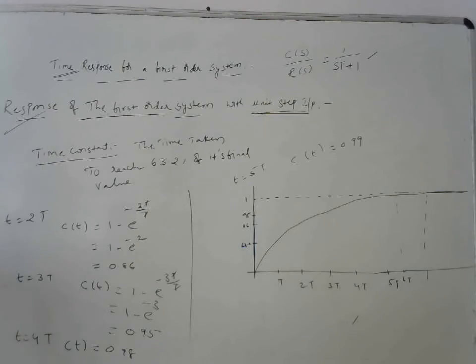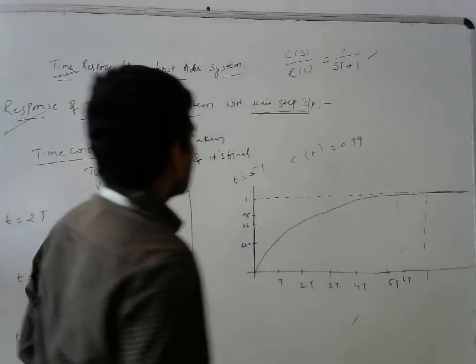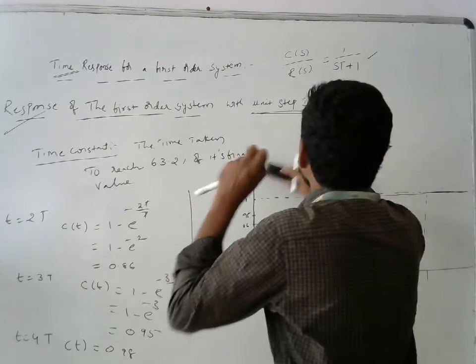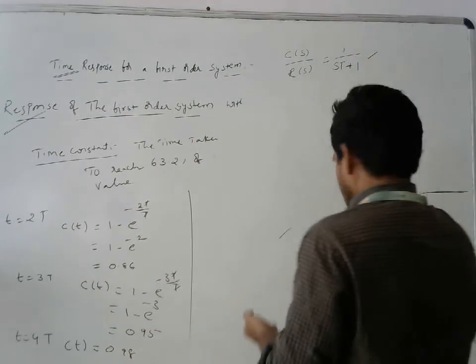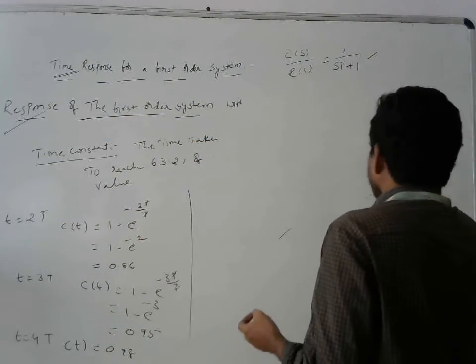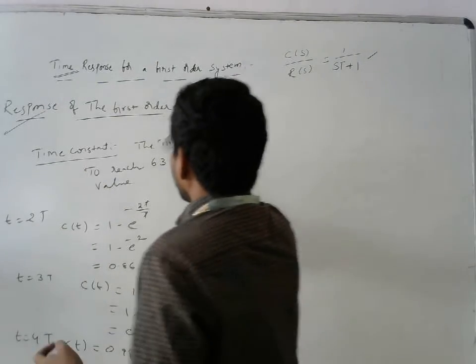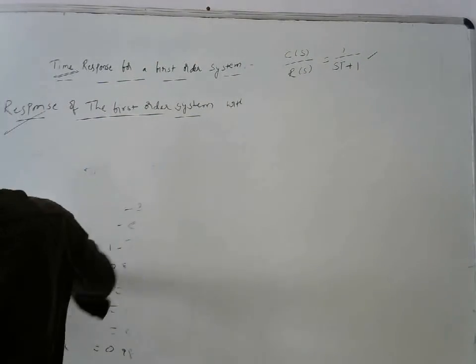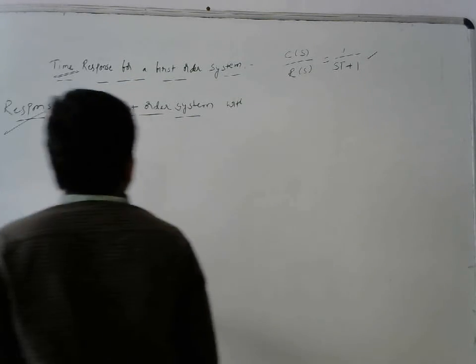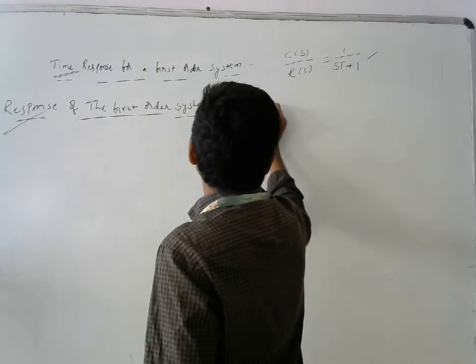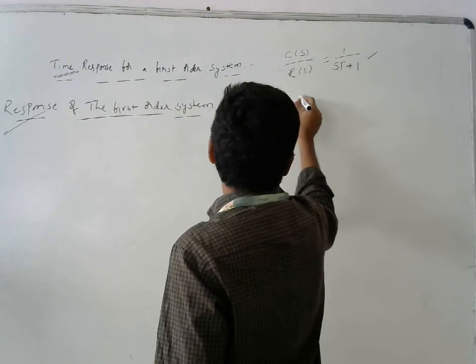Similarly, we can do the response of the first order system with an impulse signal, or with impulse input. I will discuss the impulse signal here. What will happen when we apply that impulse signal? Same thing.